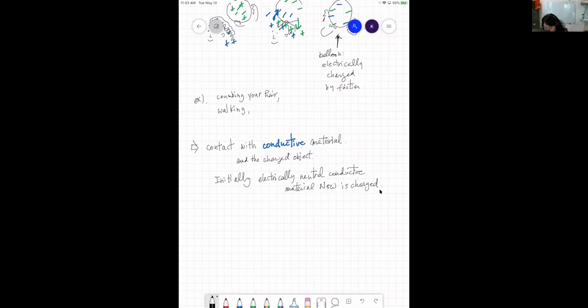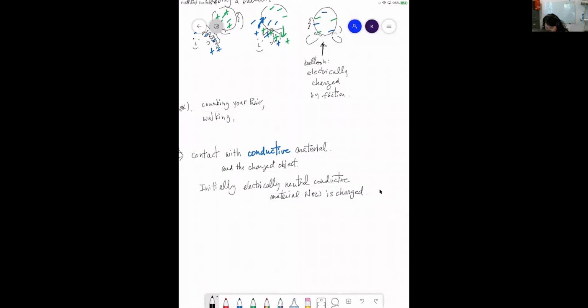So let's see. If you have a charged balloon here, negative, negative, negative, negative, and then I have a can, a Coca Cola can, an aluminum can. Aluminum is a metal, so it's a conductor.